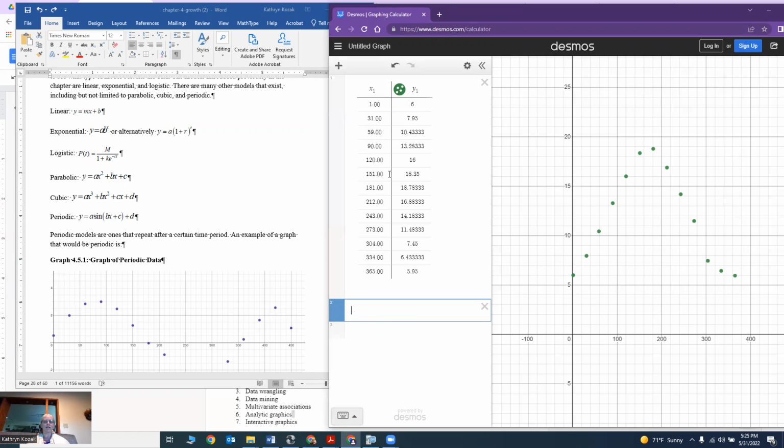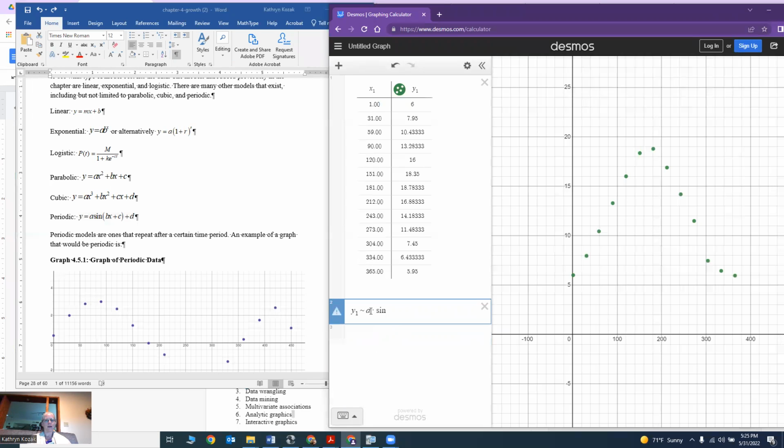Over here, y1 is my output variable. So I'm going to type y and then a 1, and it automatically puts it as a subscript. Instead of an equal sign, Desmos uses a tilde to notify the model. Then I start typing my model: a times, and my times is the star above the 8.